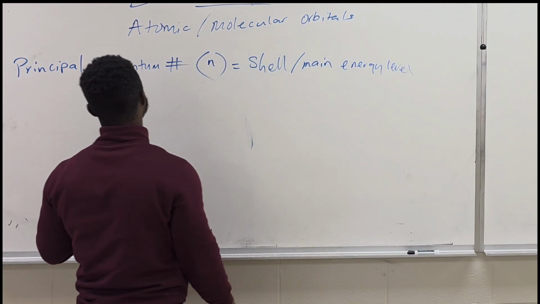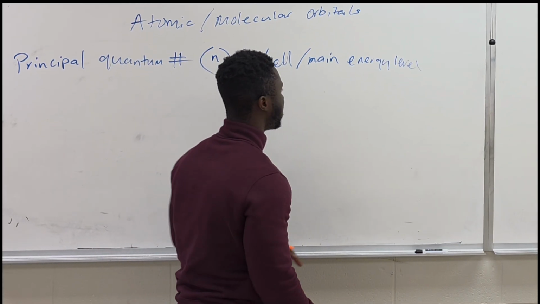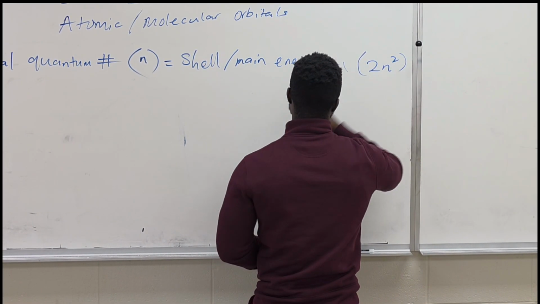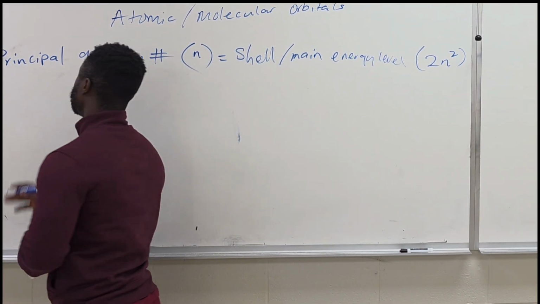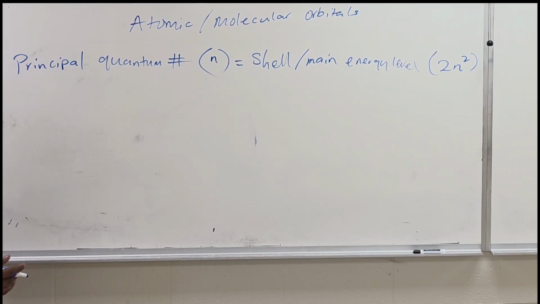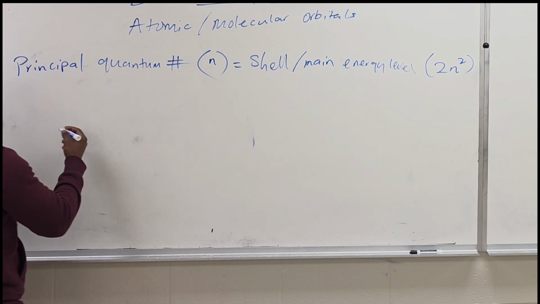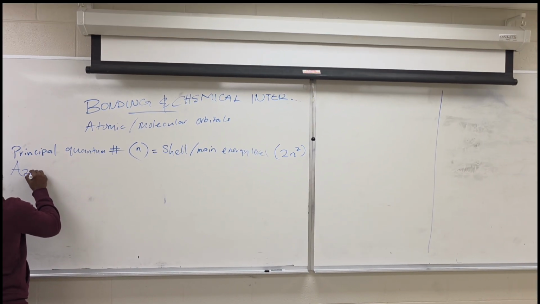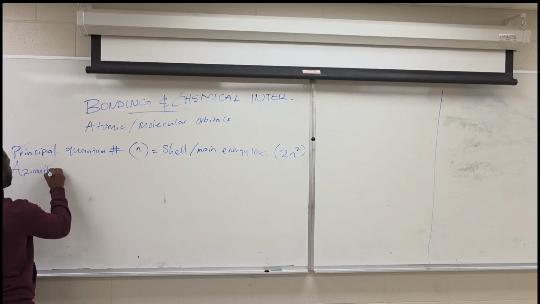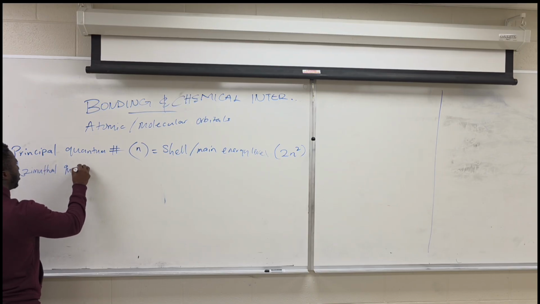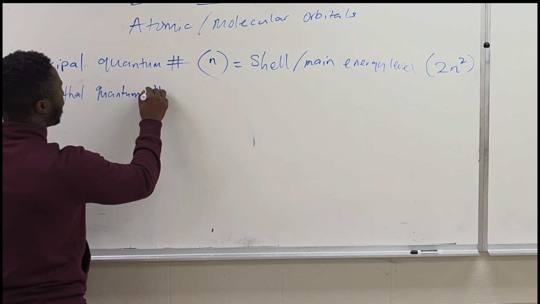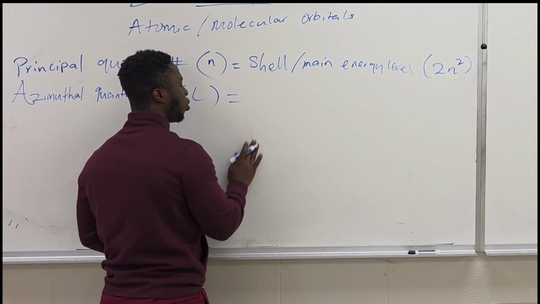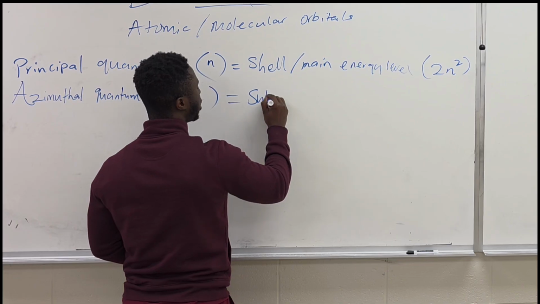Then the maximum number of electrons that could occupy a shell or a main energy level was 2n squared. This describes the main energy level where we're going to find the electron. After that, we discuss what we call the azimuthal quantum number, denoted by the letter L. And this denotes the subshell.